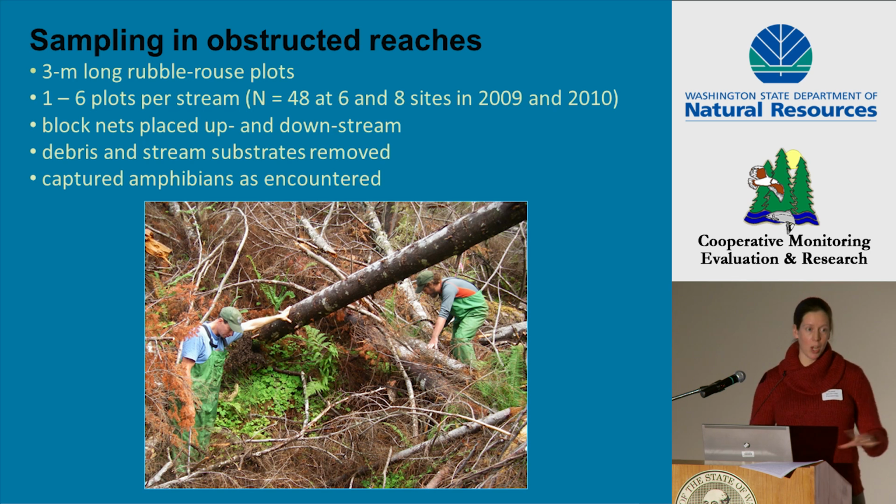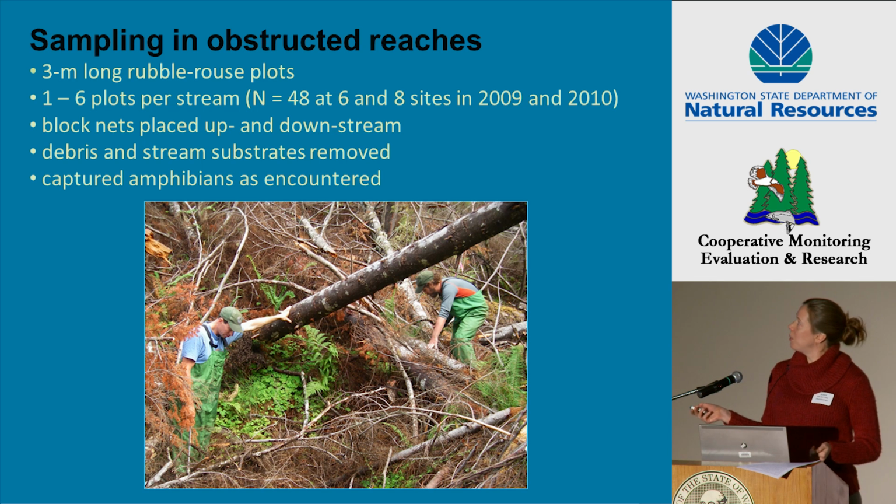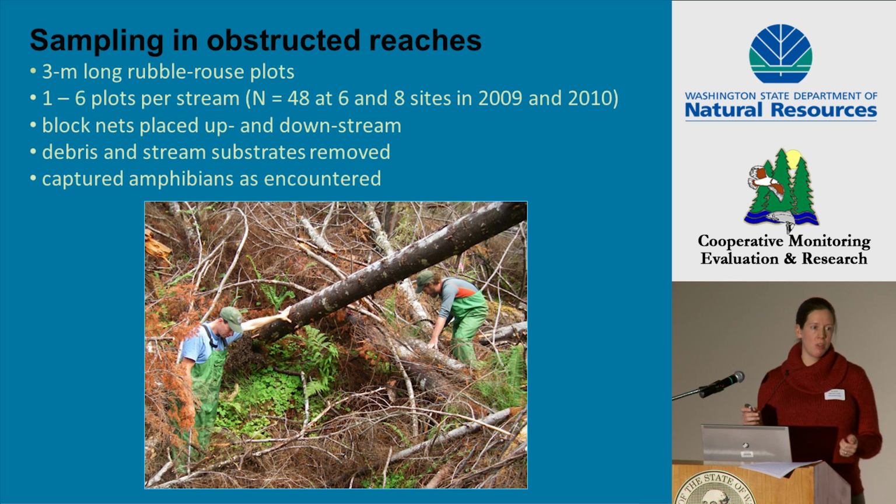And then once we got everything removed, we were able to sample for amphibians in those plots. So there's 1 to 6 plots per stream, a total of 48 plots at 6 and 8 basins in 2009 and 2010 respectively. So again, these plots are only being placed where there's a ton of woody debris in the stream, which is in our more severe treatments.